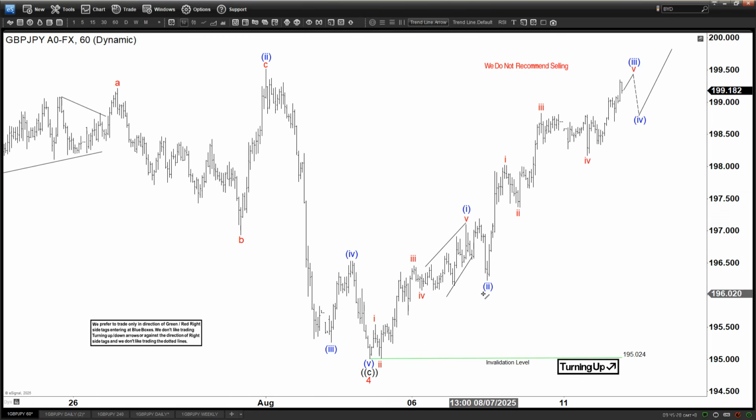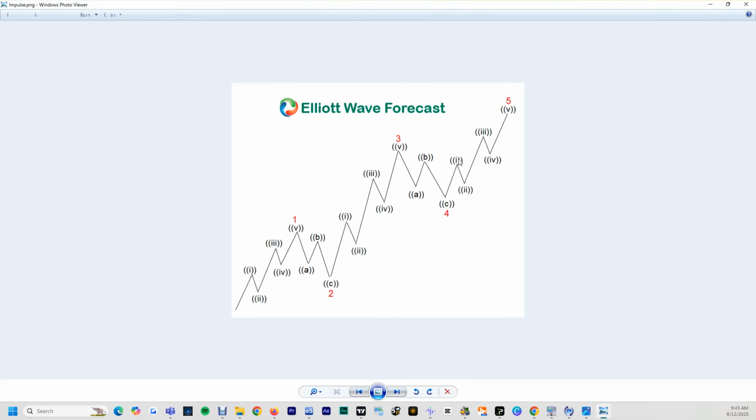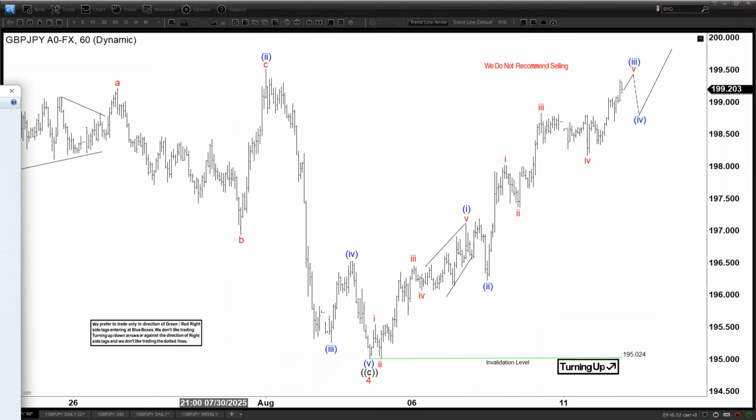So blue 1, blue 2, blue 3, blue 4 will finish blue 5, and when it finishes blue 5, that will end wave 1 in black of 5. So you can see we might still see a bit more upside before we finish wave 1 of 5, and then when we finish the 5, we will finish this entire bigger rally, which started from the April 2025 low, and then we will get the biggest pullback since the April 2025 low. Okay, so that's basically where we are now.